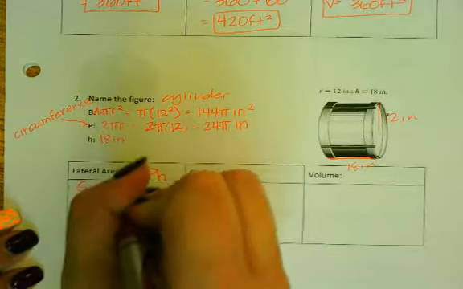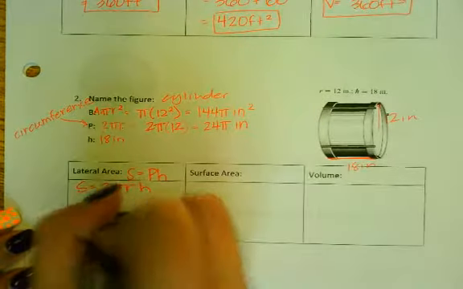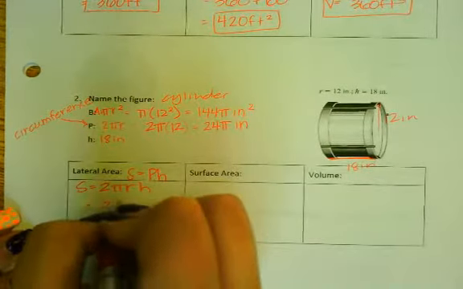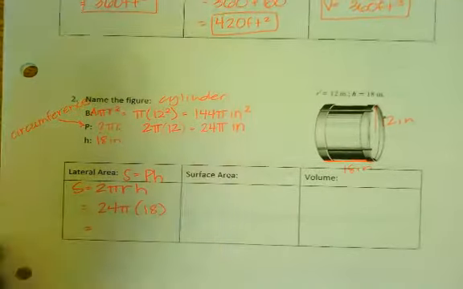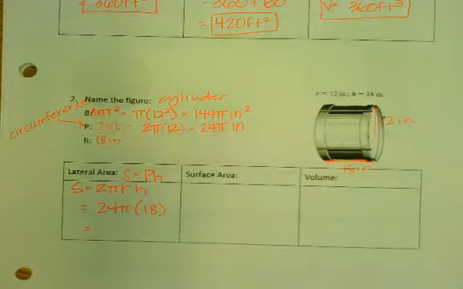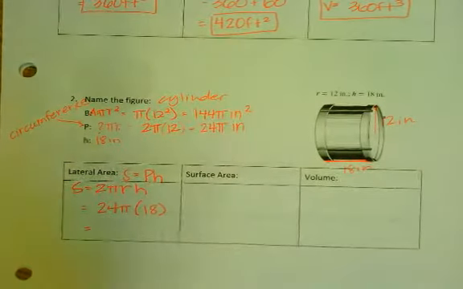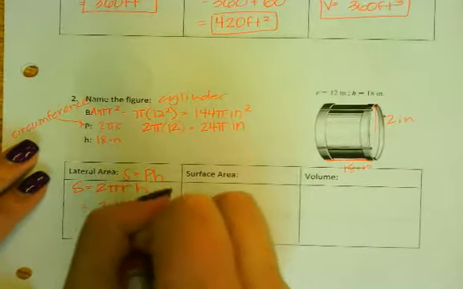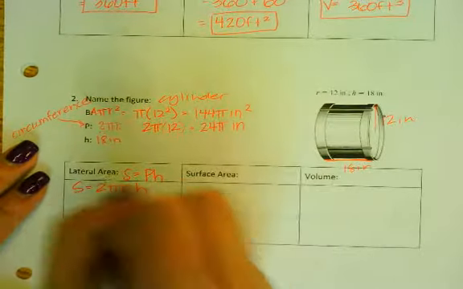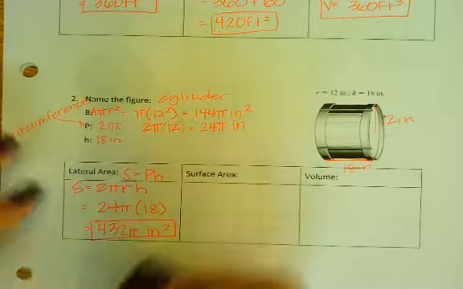Okay, so we have 24 pi times our height, which is 18. So leaving it in terms of pi, what do you get? 432 pi inches squared.